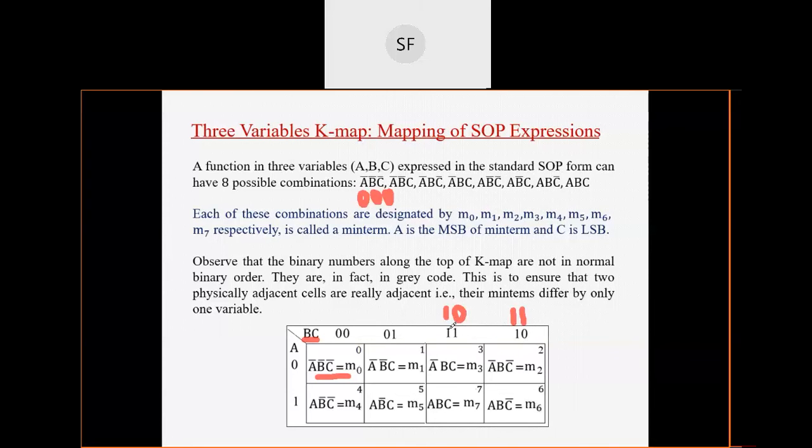Why this is done: if you observe between 0 1 and 1 0, just observe the digits. The first digit is 0 here and 1 here, so it is changing.